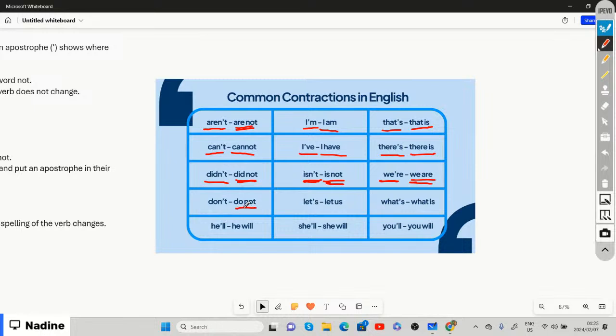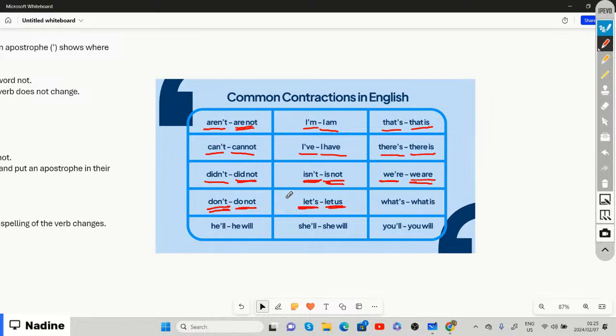Do not open the fridge, for example. Don't open the fridge. Let us play outside. It's the same as saying let's play outside. So let us play outside.